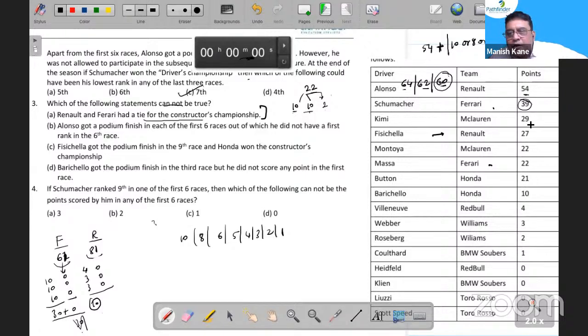You don't have Honda. You can't have Honda. McLaren is 29 and 22. That is 51. So McLaren is 51. And what else?